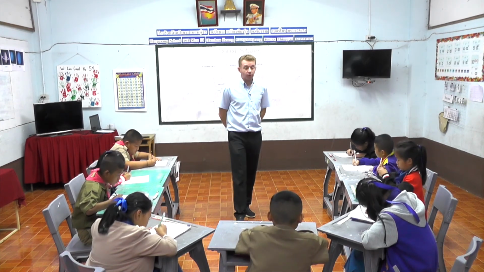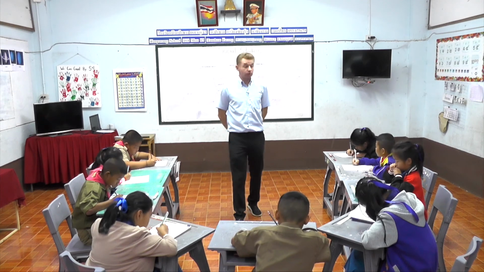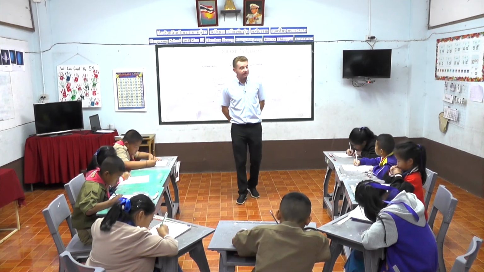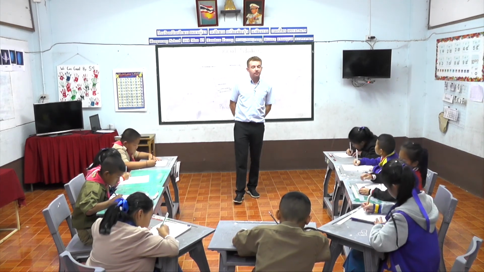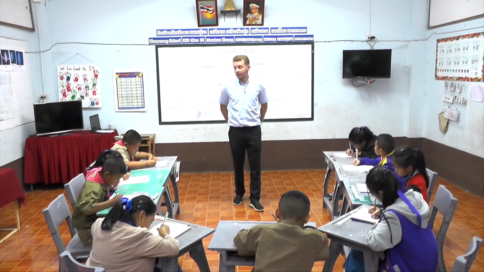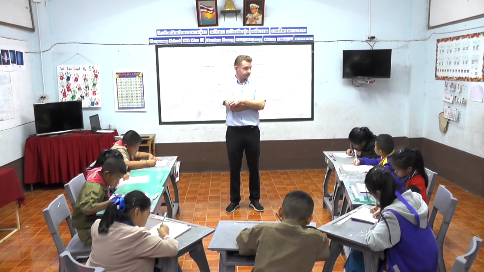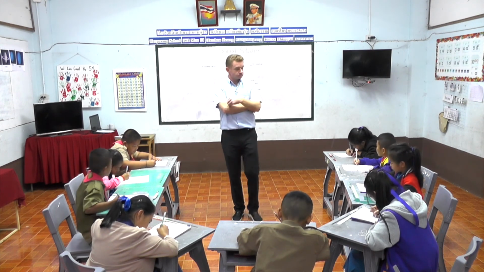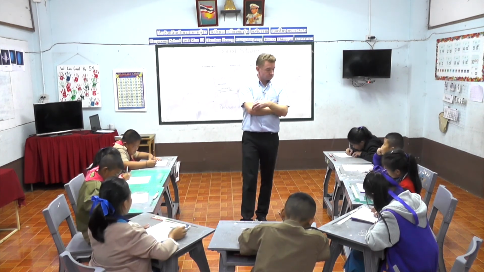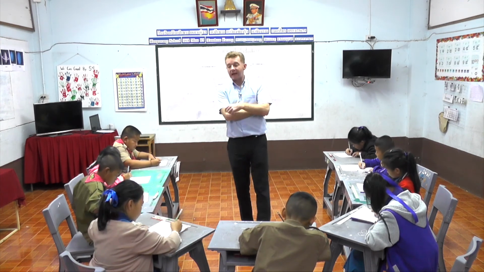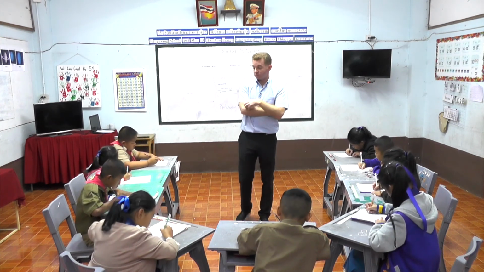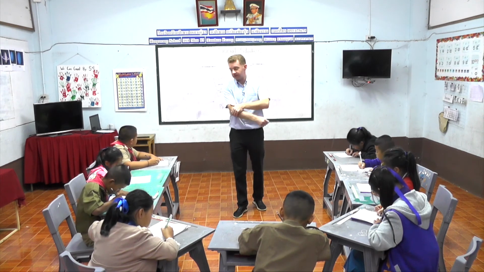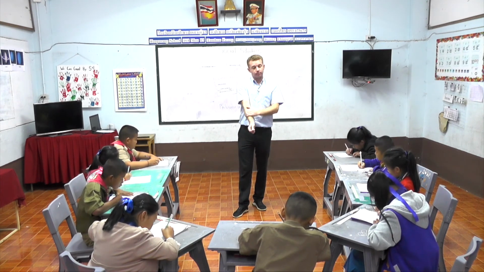And this is how the former king, and the new king too, your current king, would like you to live in Thailand. Help others live well and share together. So remember, guys, you only need each word once. If you want, you can cross it out after you've written it, if it helps you.